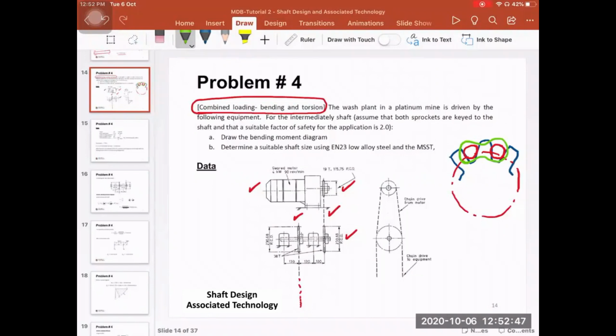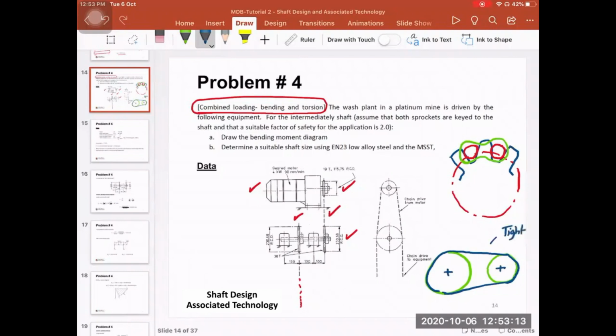For this combination, normally you have a small sprocket and then a larger sprocket, and then you have the chain going around them. The idea here is that normally we have a tight side, then we have a slack side or loose side.